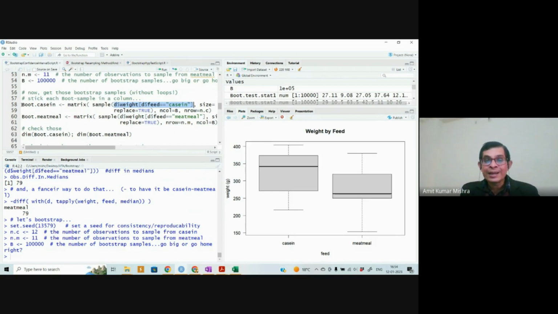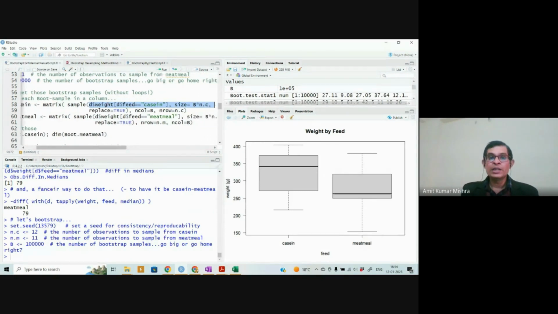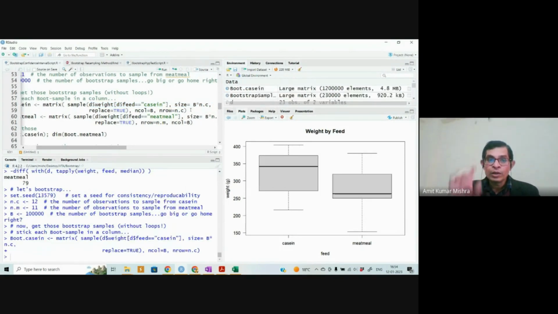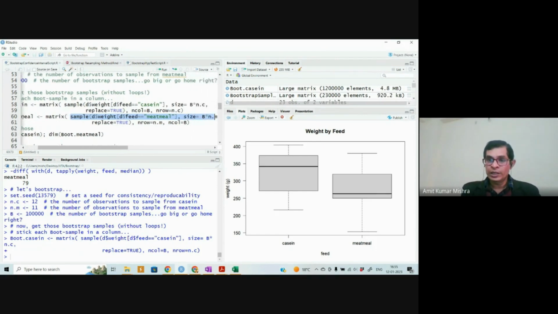Of course, casein size n.c times B, and replace is true, number of columns is B, number of rows is n.c. Similarly, to find the boot.meatmeal matrix, you find the sample from weights, but not all the weights. You have to fix feed, which is meat meal. That means we are resampling from the meat meal, and size and data are given.